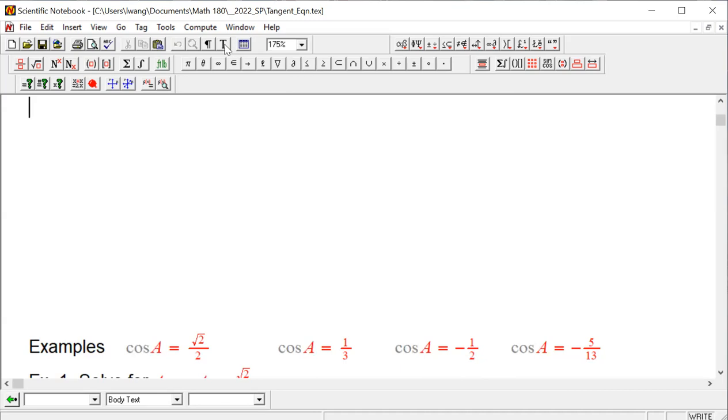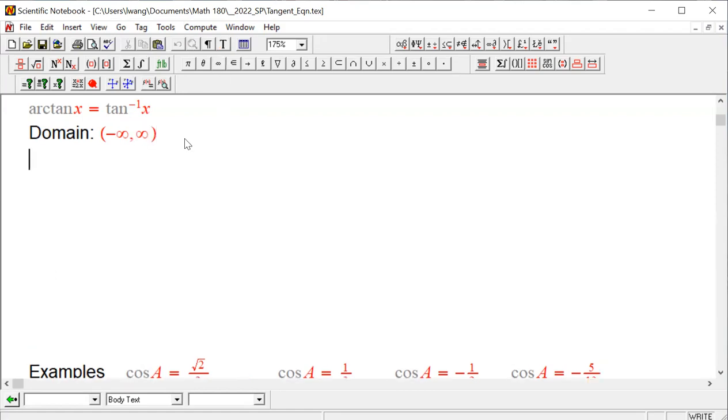Arctangent, okay, arctan, or we use a different, more commonly used notation. Arctangent's domain is all real numbers. We have thorough coverage of these topics. And the range, however, is between negative pi over 2 to pi over 2.